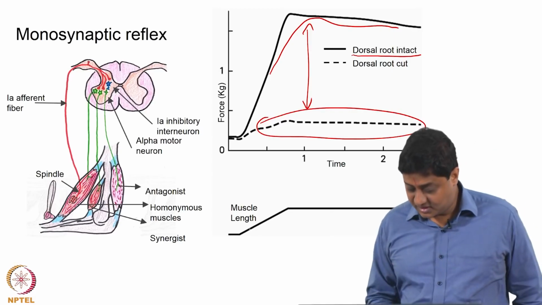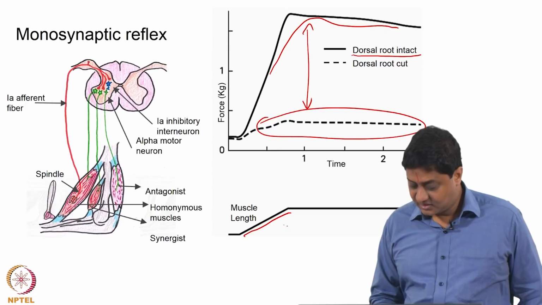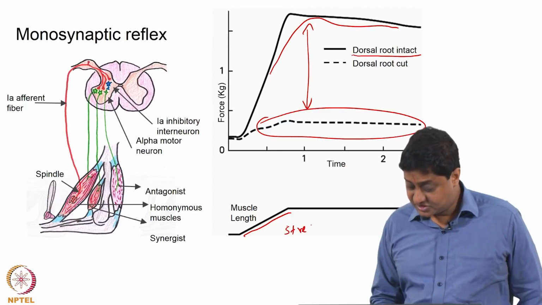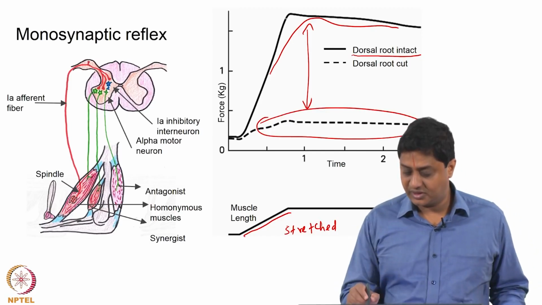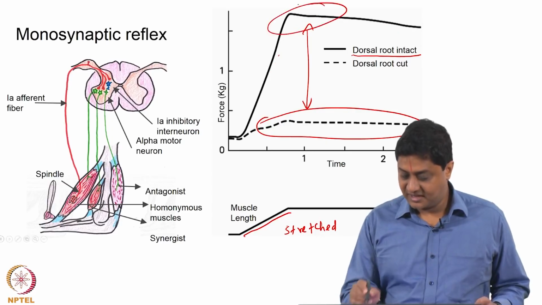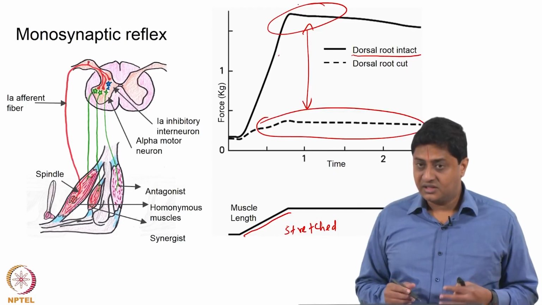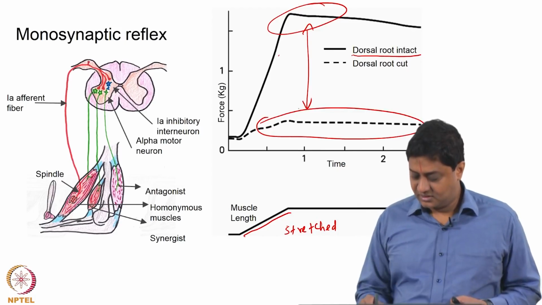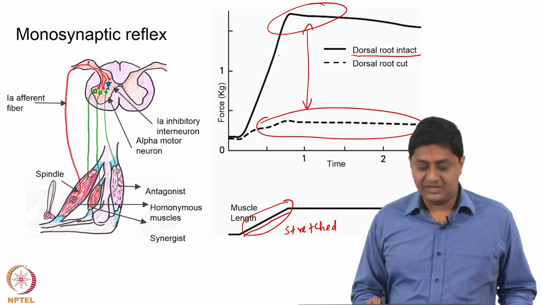As the muscle length is increasing, the muscle is stretched. In the presence of an intact dorsal root, you are going to have a relatively strong response such as that. If the dorsal root is cut, even though there is stretching, the response is going to be relatively weak.